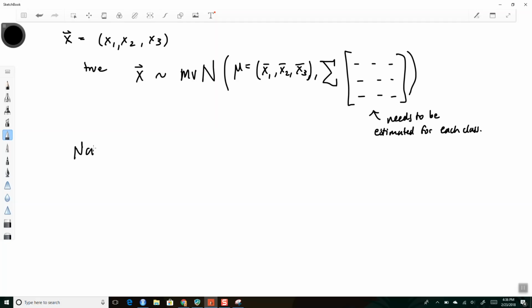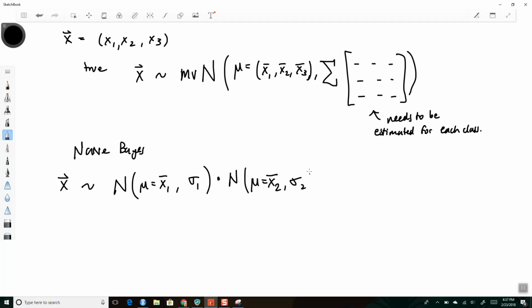All right, naive Bayes. Now you just do a bunch of multiplication. We're going to say our x vector comes from a normal where the mean is x1 bar and standard deviation 1, multiplied by a normal where the mean is x2 bar and standard deviation 2. I guess I should use S rather than sigma.